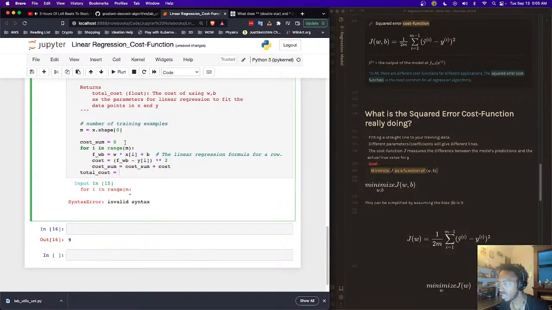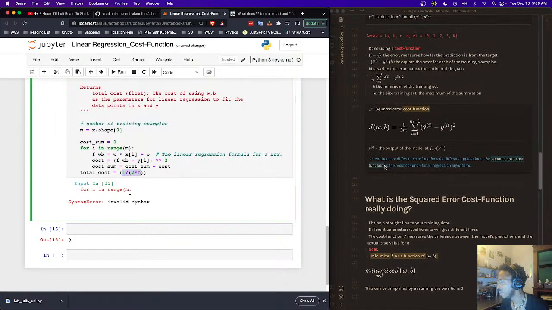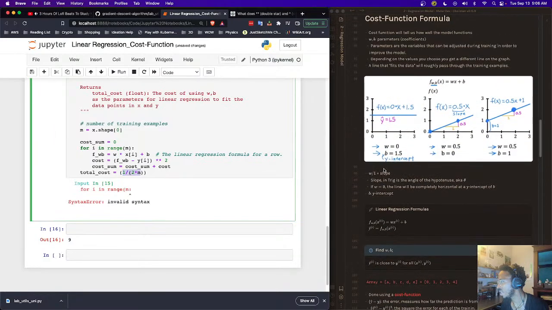And then we're going to take this cost sum, which is a summation, and divide it by 2. We're going to divide by 2m actually. So it could be divided by 2 or 2m. There are actually different ways that can work.